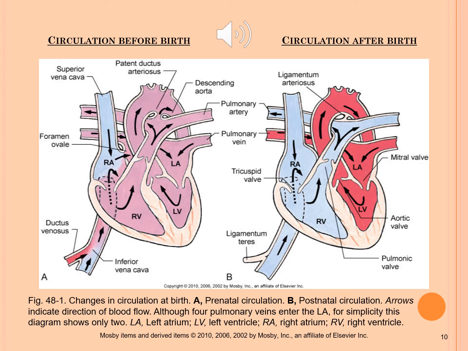So on this slide, you have what circulation looks like before birth, that would be picture A, and then what circulation looks like after birth. After we cut the cord, baby takes its first breath, and the circulation changes. I highly recommend clicking on the hyperlinks that I have.